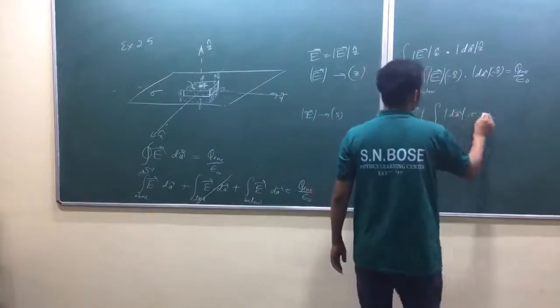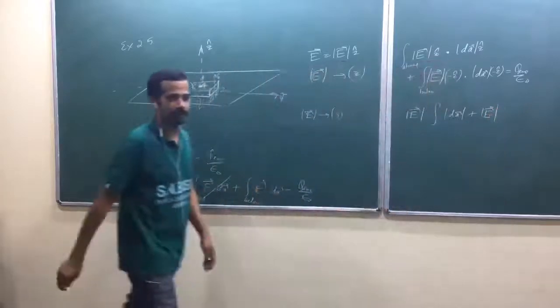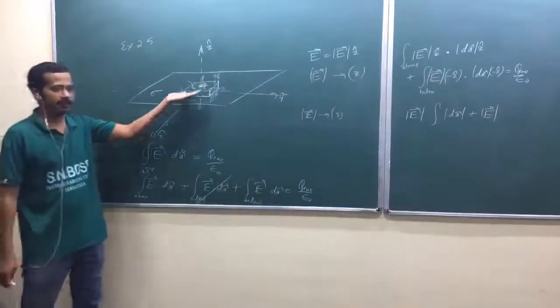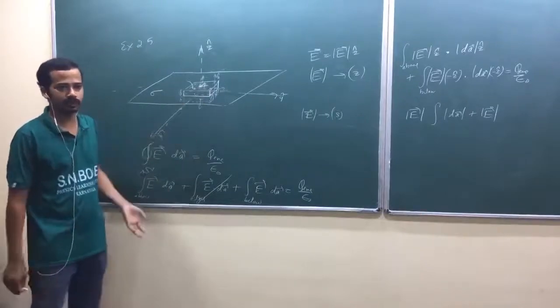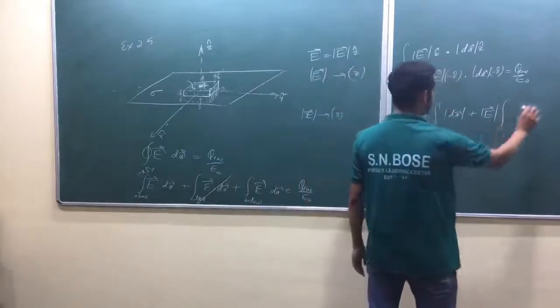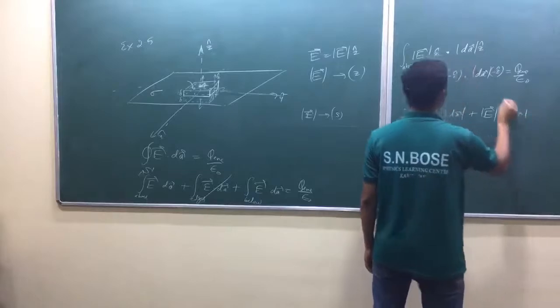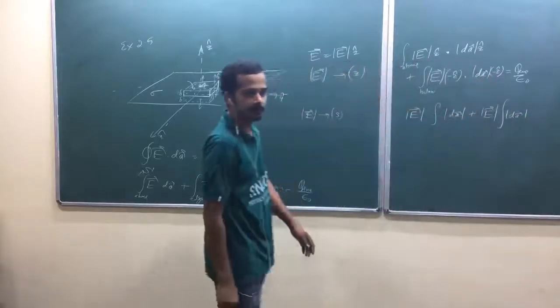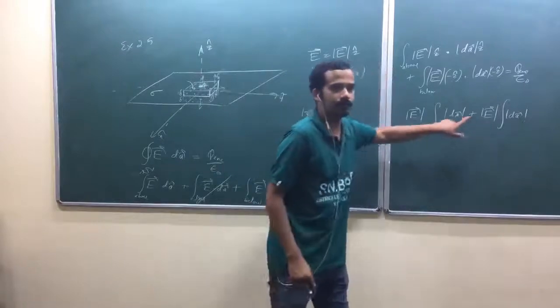Plus, again the same thing: on the surface below the plane the electric field is constant, so you can take it outside, times the integral of mod of dA, with minus z cap dotted with minus z cap. Now these two magnitudes should be the same.